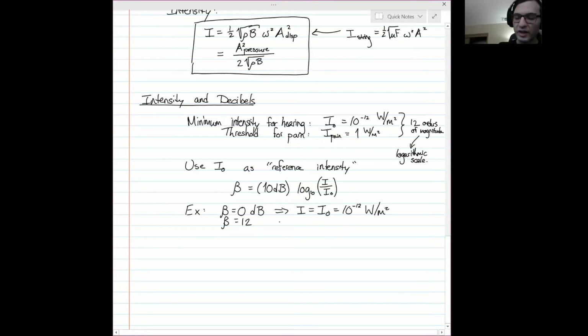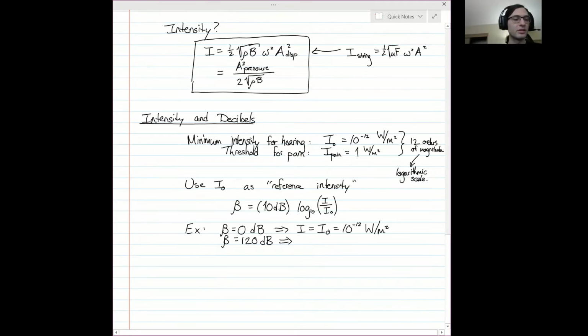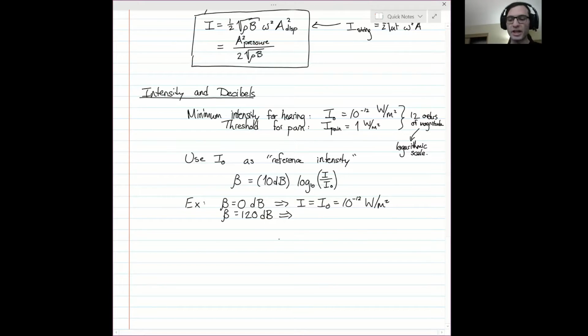120 decibels. Let's just drop units. 120 equals 10 times log base 10 of I over I naught. So what does this mean? That means that I has to be 10 to the 12 times I naught, right?